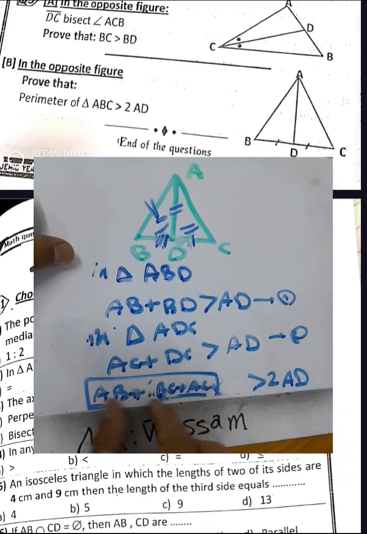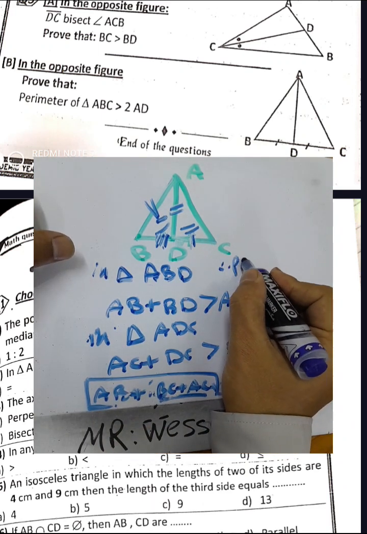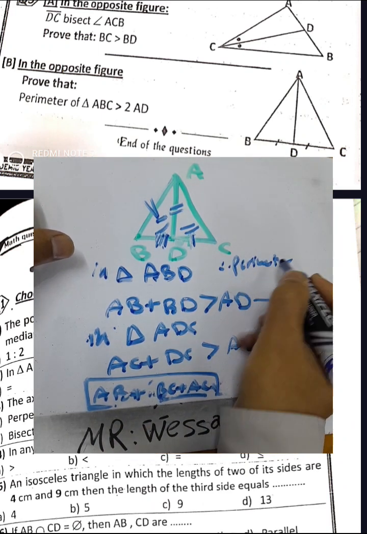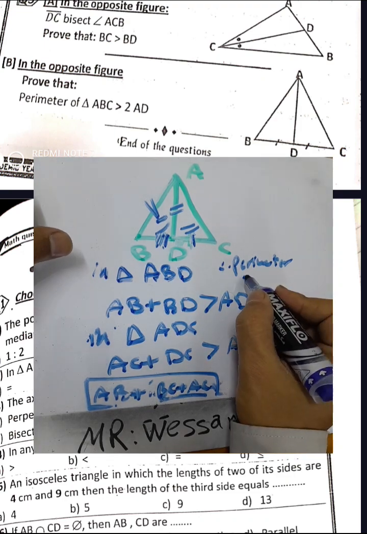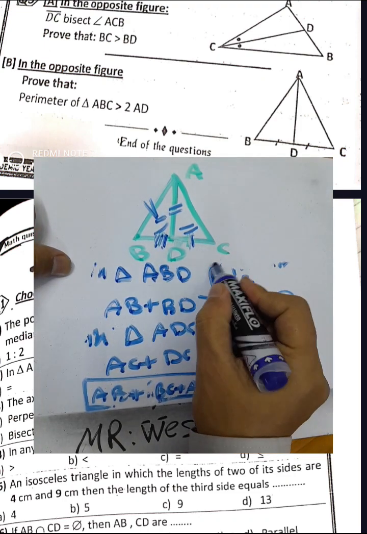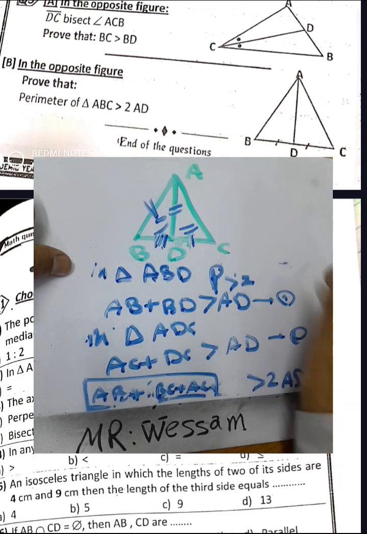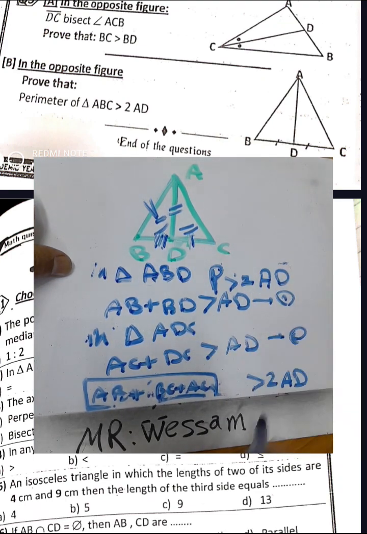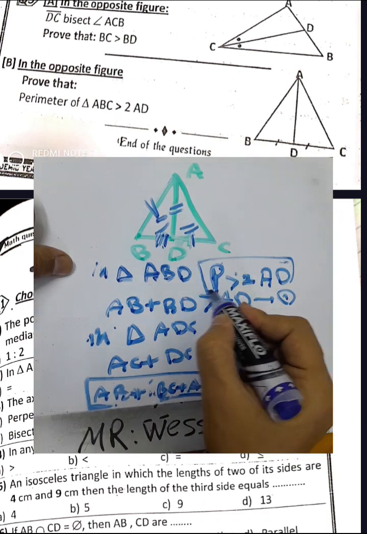And then it will be the perimeter of the triangle. Then the perimeter of the triangle will be greater than 2 AD. Okay, he wants to prove that. Understood?